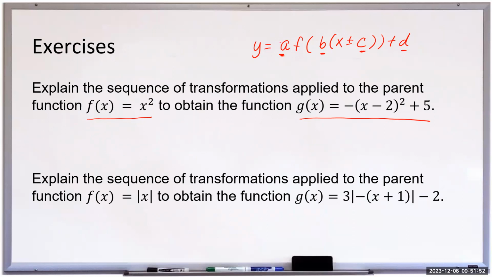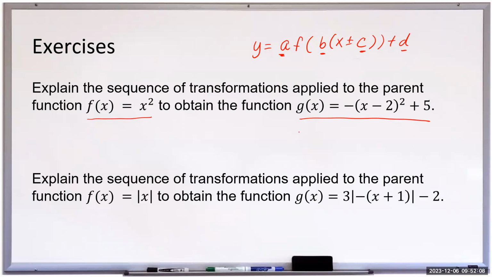And if may positive or negative ka dito sa a and b, then it can be a reflection over the x or over the y-axis. Okay? So let's identify the variables a, b, c, and d sa ating g of x.